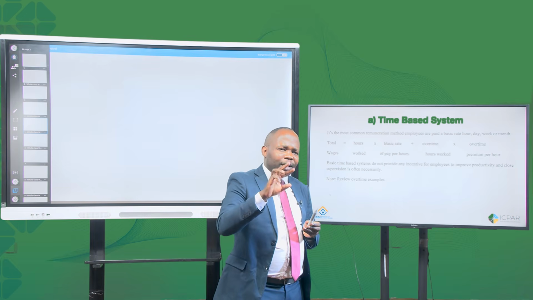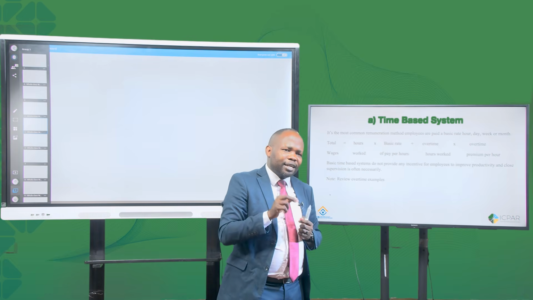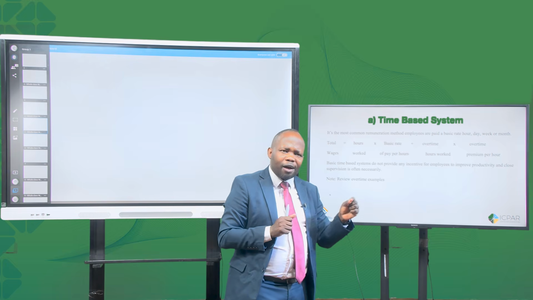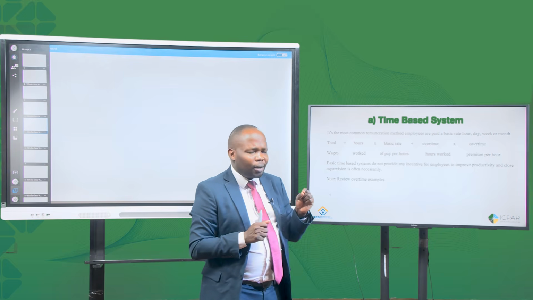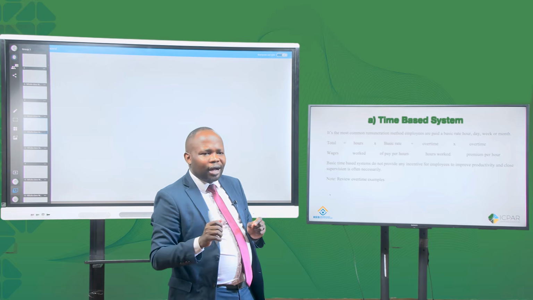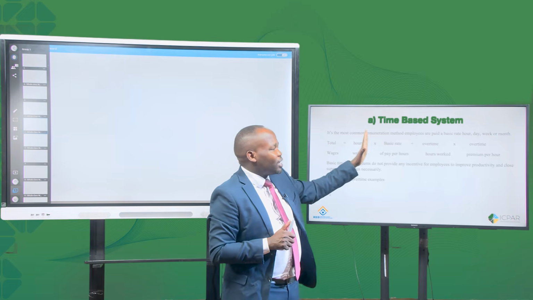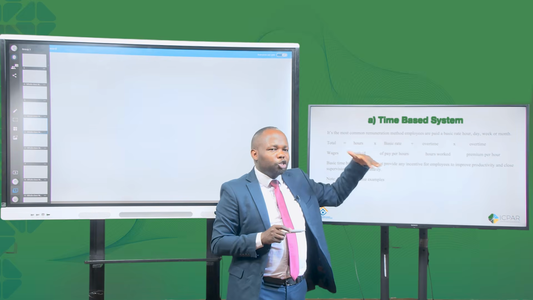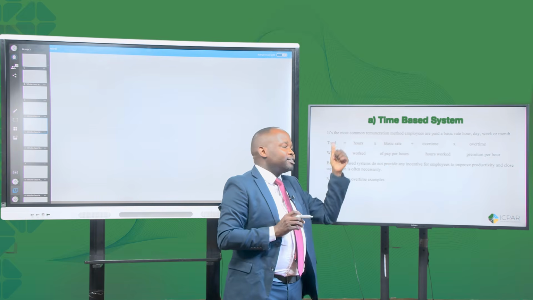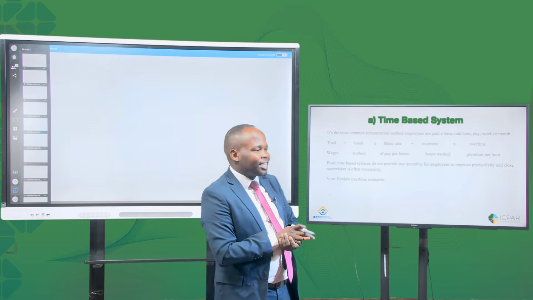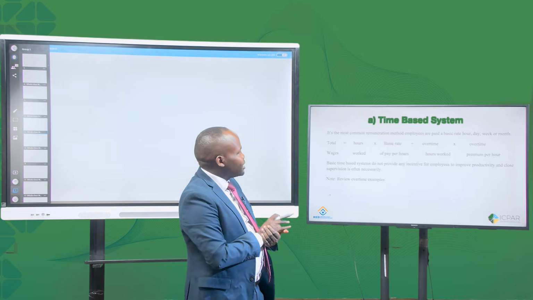We covered two examples: one where somebody worked 35 hours with a total number of hours worked of 42, and another one also. All those were time-based, so we will not repeat time-based. We go back to the examples on overtime.